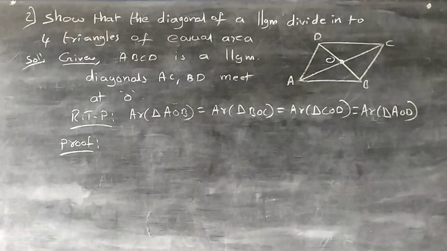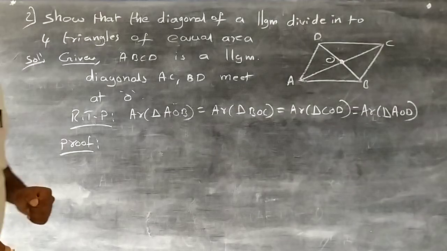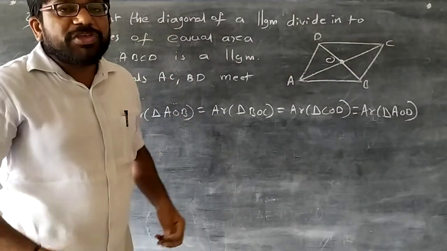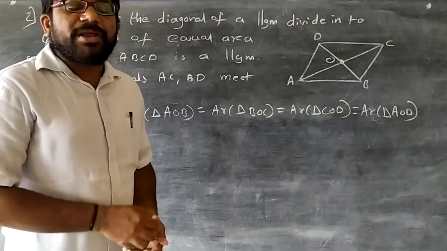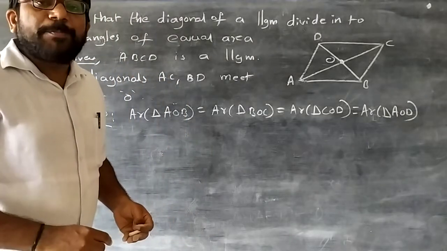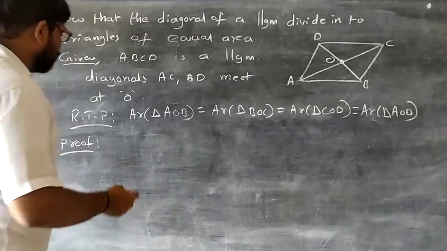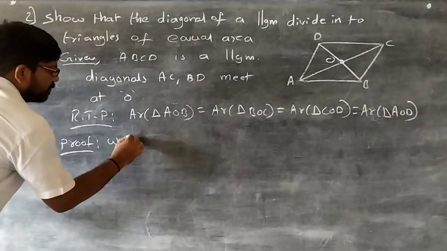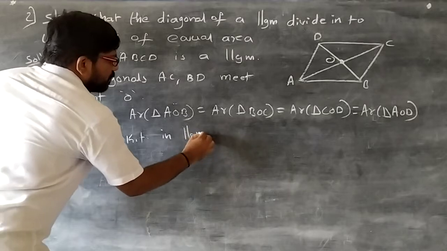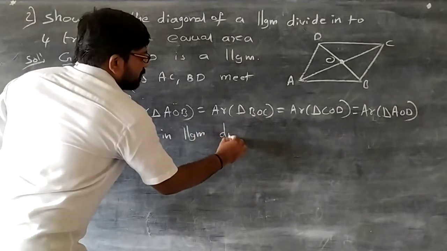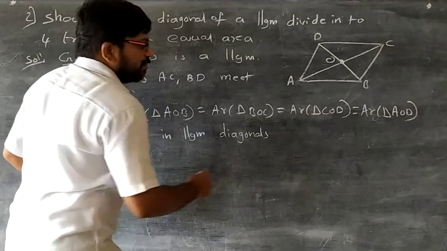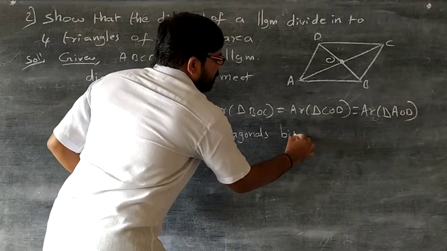Yes, observe carefully. We know very well diagonals bisect each other. In a parallelogram, diagonals bisect each other. It is the property of a parallelogram, right? We know that in a parallelogram, diagonals bisect each other.